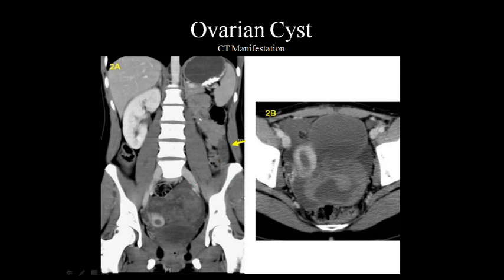Here is something not quite as normal. And notice we have varying degrees of density inside of this. And this corresponds to the axial image here, where we have pretty much this area, and then we have what looks to be fluid back here, or maybe this is still cystic in nature.